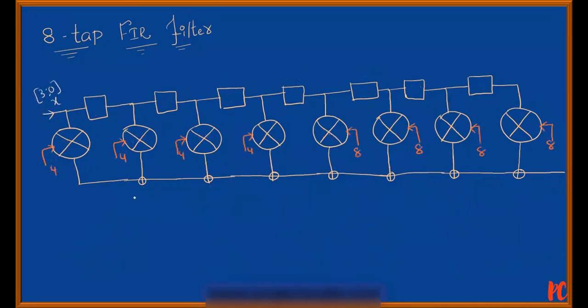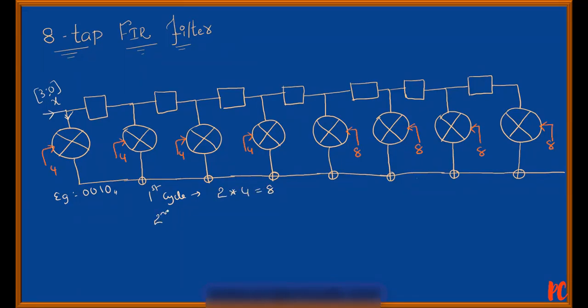All clear? Now how does it actually perform? What should be the output? Since there are multiples of 4 and multiples of 8, let me give an example. Let me consider input 0, 0, 1, 0, which is nothing but 2. For the first cycle, the input will come across this multiplier and perform the multiplication, and I get 2 into 4 which is nothing but 8.